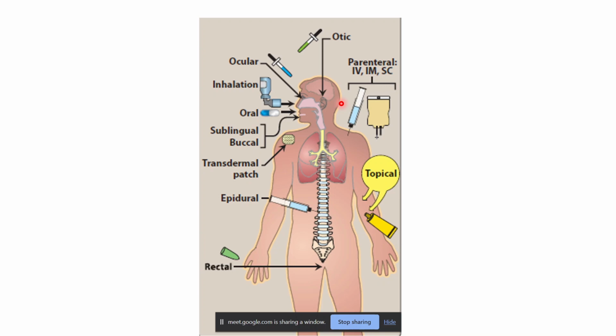So for absorption to occur, first we need to administer the drug, and there are plenty of ways of administration. But in general, we can divide all the ways of administration into enteral, which are through the oral way, so enteral means through the GI, mostly oral administration.